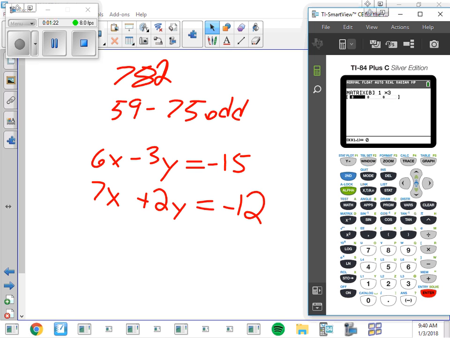And then I just put the coefficients in. 6, negative 3, negative 15. How about a 2 by 3? There we go. Thanks. 7, 2, and negative 12.